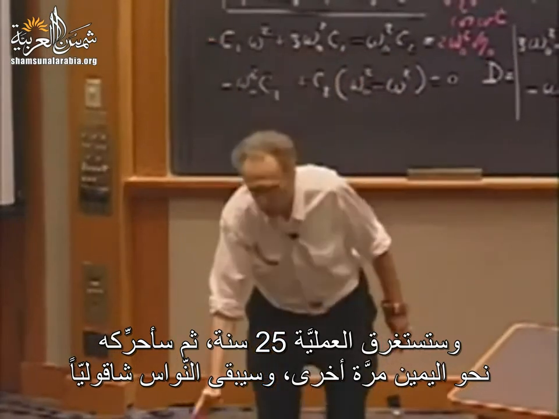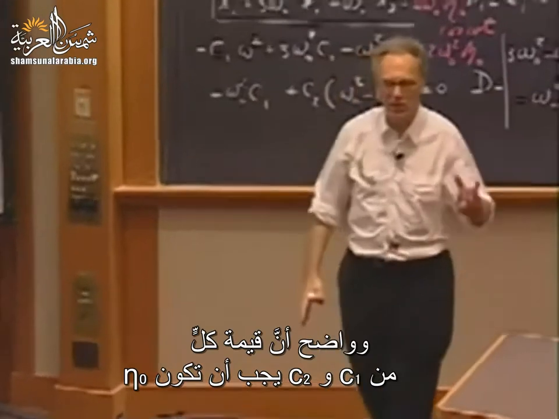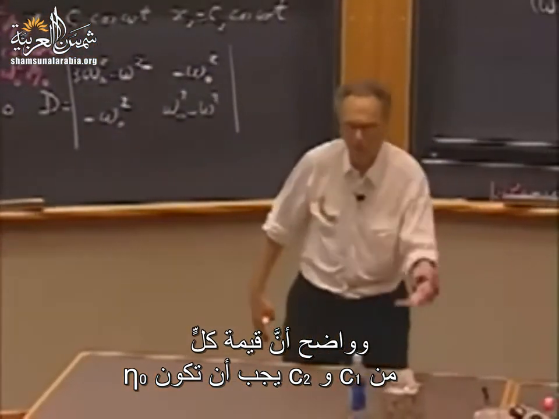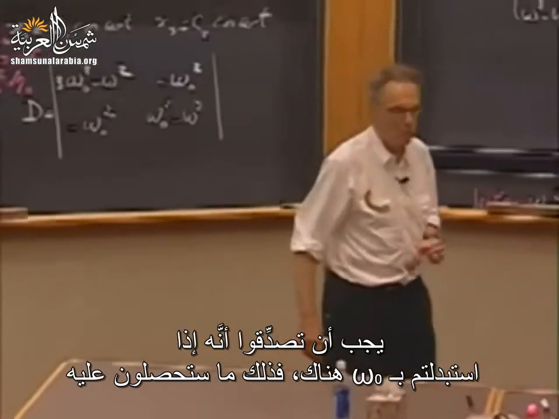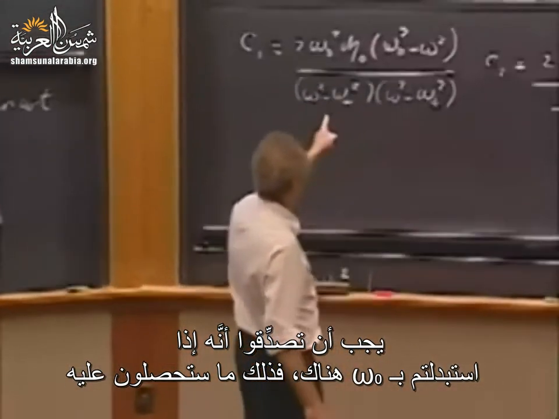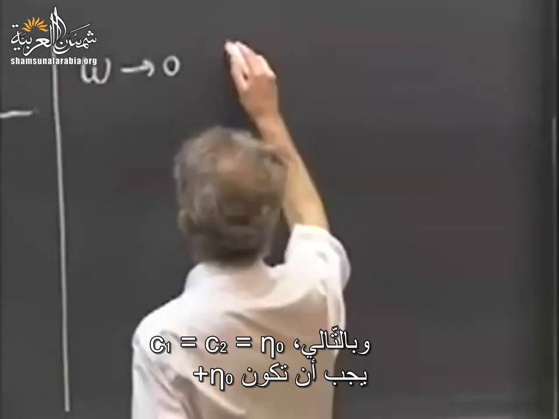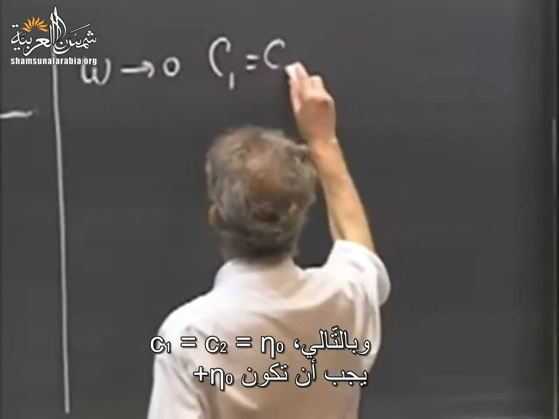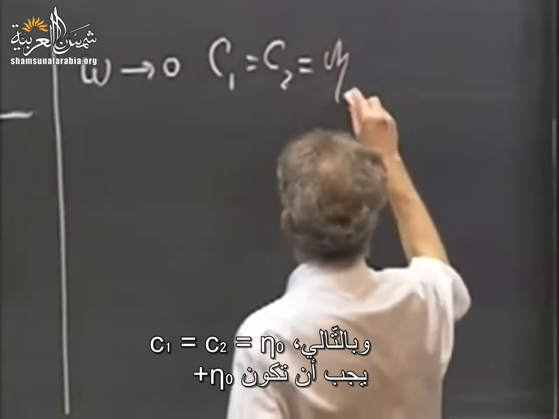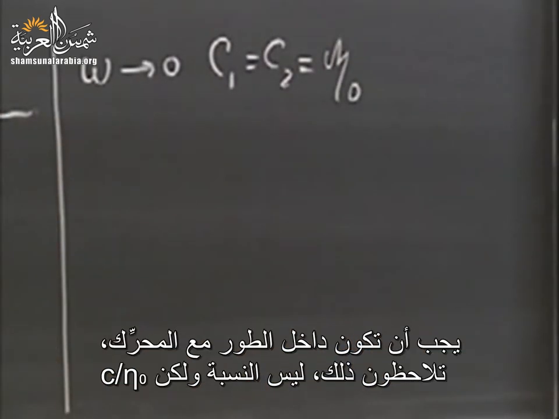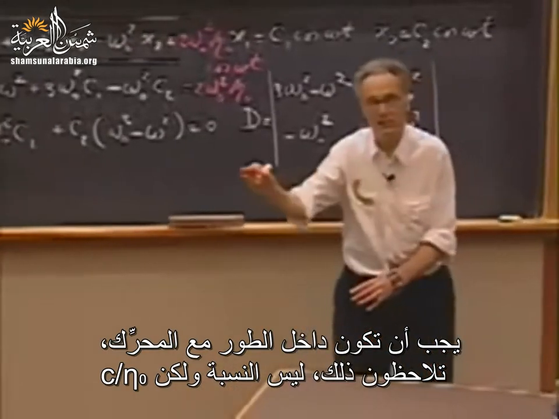So the pendulum is always straight, and it is clear that C1 and C2 both must be eta 0. And you better believe it, that if you substitute in there omega 0, that's what you will find. So C1 must be C2 and must be eta 0, and it must even be plus eta 0. It must be in phase with the driver.